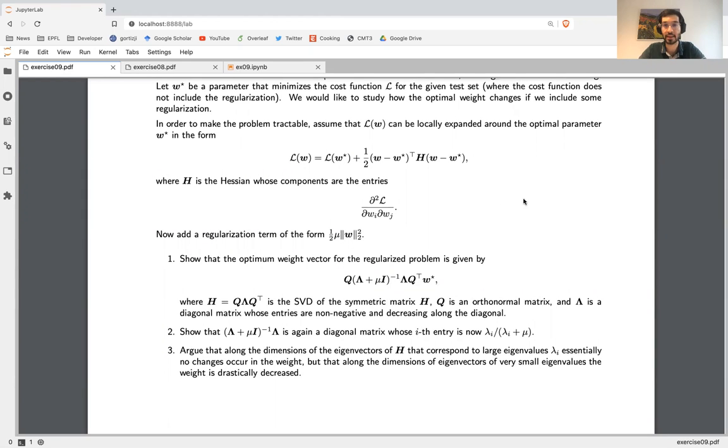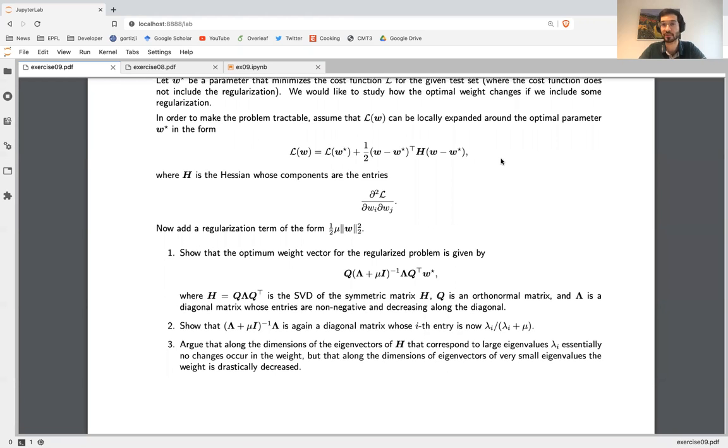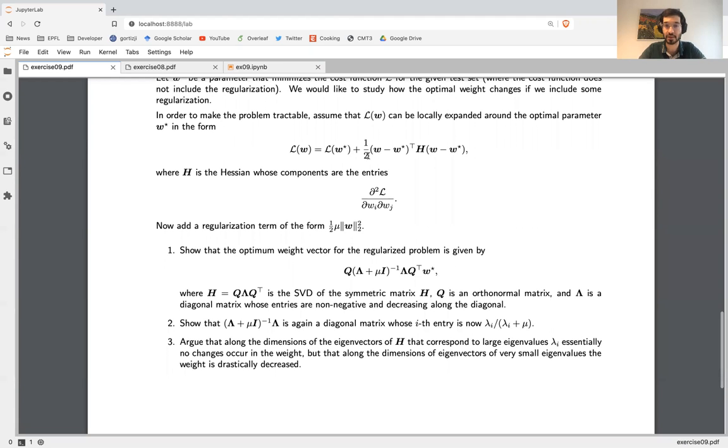And now the nice thing about this assumption is that we have abstracted all the non-convexity of the problem into something that is indeed a convex loss, at least when you're close to W star. And we can use the convex tools that we have learned, and we can derive the exact minimum of this quadratic function.